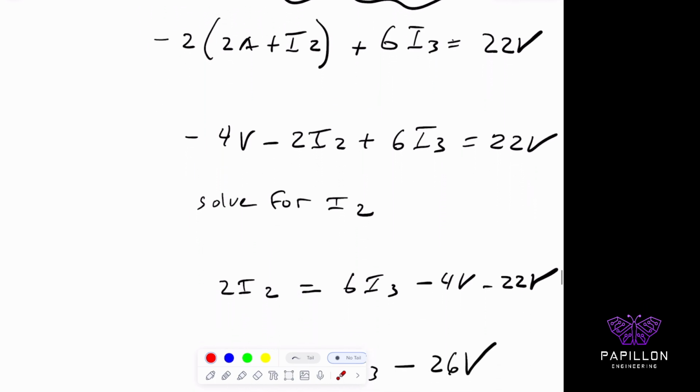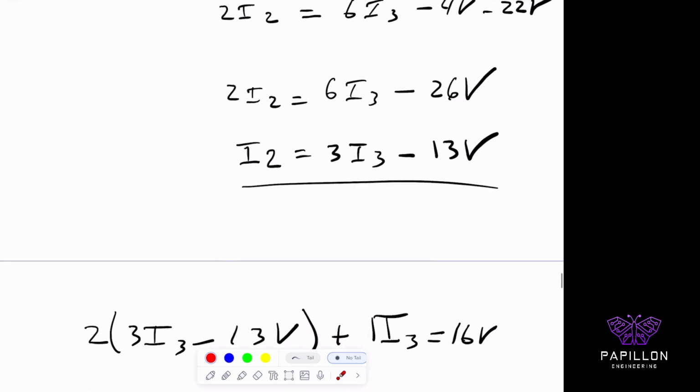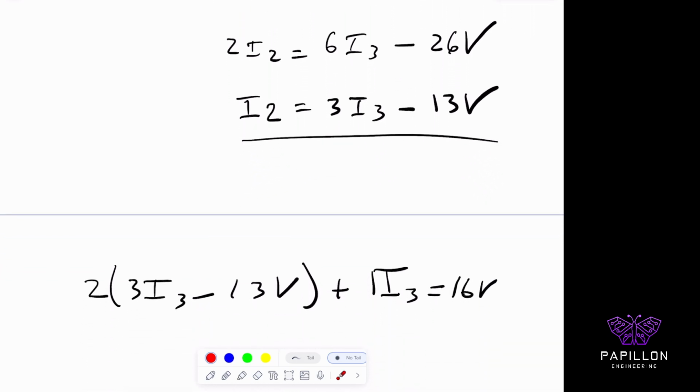And now when I do that, I'm going to have a new form of my equation. I have 2I2 equals 6I3 minus 4 minus 22 volts. Reduce it some more, and I'm finally left with a new variation of my problem, which is I2 equals 3I3 minus 13 volts. Okay, and I can repeat this again.